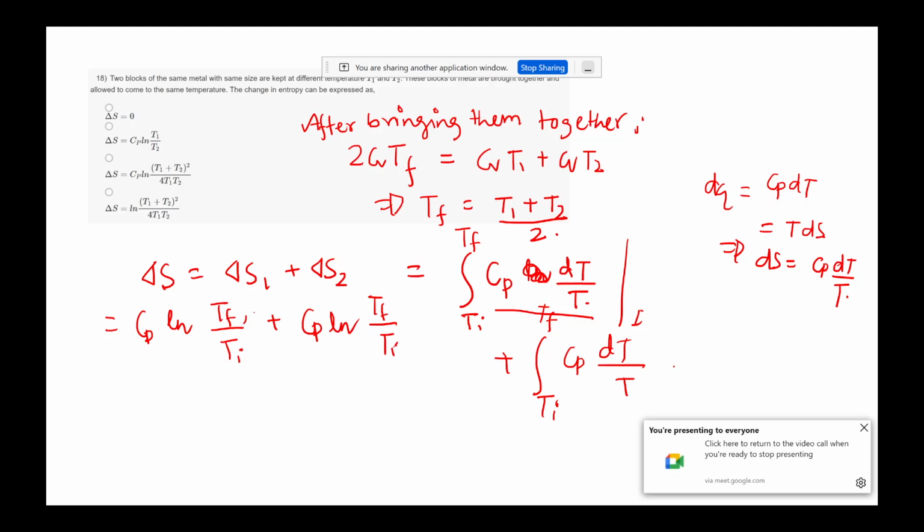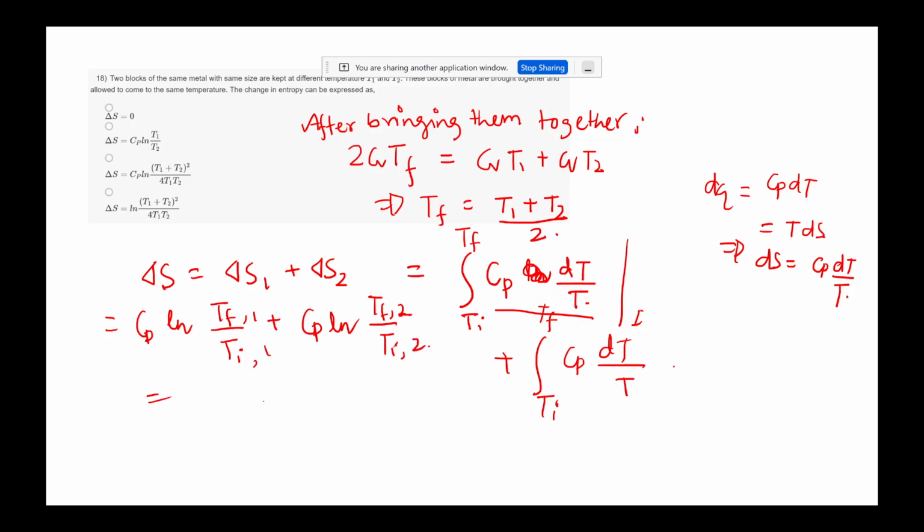So this is for 1, this is for 2, this is for 1, this is for 2. We know that Tf is the same for everyone. So this will be ln Tf squared divided by Ti1, which means T1, Ti2 means T2.